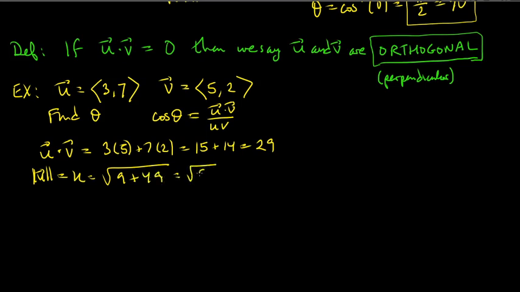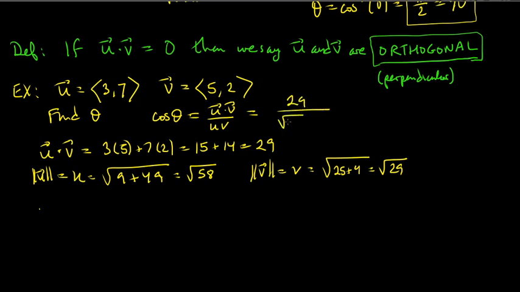So that's going to be the square root of 58. And then the magnitude of v, or just v, is going to be the square root of 25 plus 4. So we saw that earlier, square root of 29. So, right, in the formula, the numerator is 29. The denominator is the square root of 58 times the square root of 29.